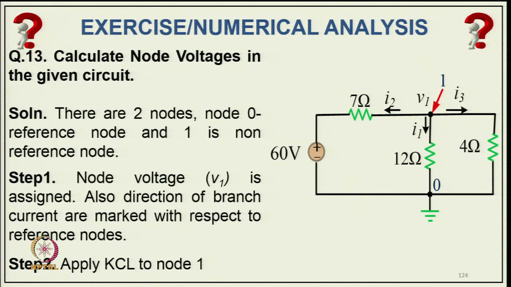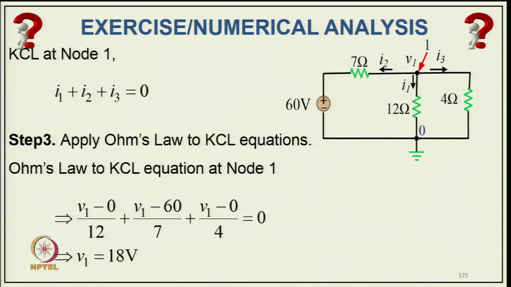Calculate the node voltage in the given circuit of node V1. So, there are 2 nodes: node 0 is the reference node and node 1 is the non-reference node. The node voltage is assigned V1, and the directions of branch currents are marked with respect to the reference node. Applying Kirchhoff's current law at node 1, you have I1 plus I2 plus I3 equal to 0, because all 3 currents are leaving.